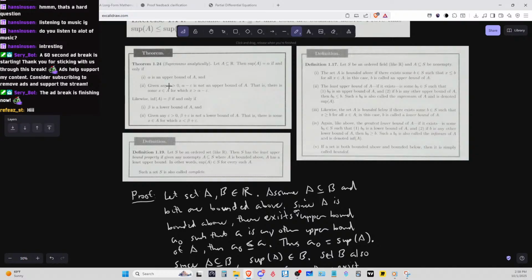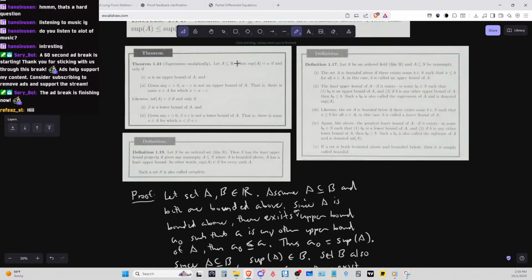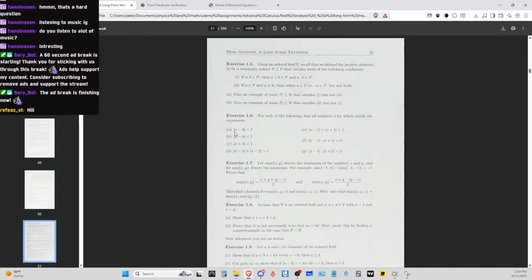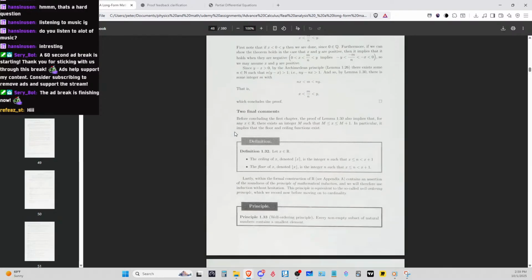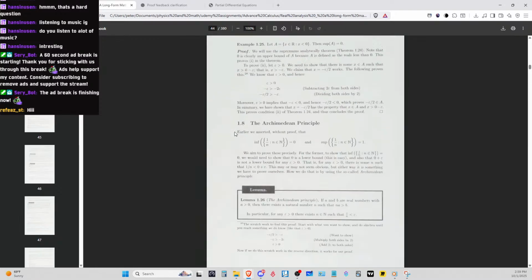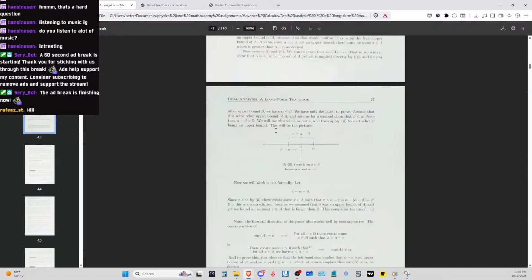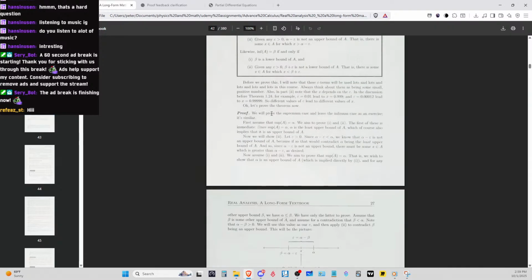Given any epsilon is not an upper bound of A, that is, there is some... I think I have to look for when they have the delta, because right here, okay, let's just read what it says here.